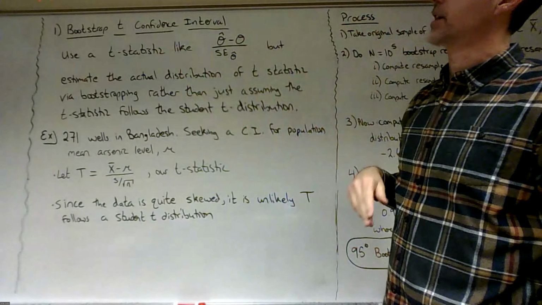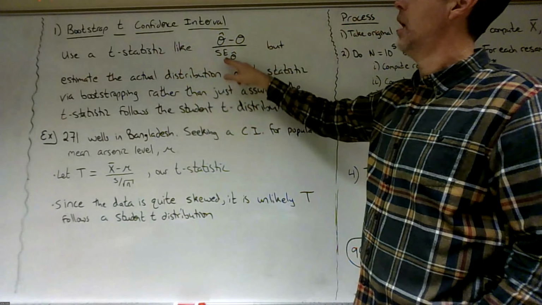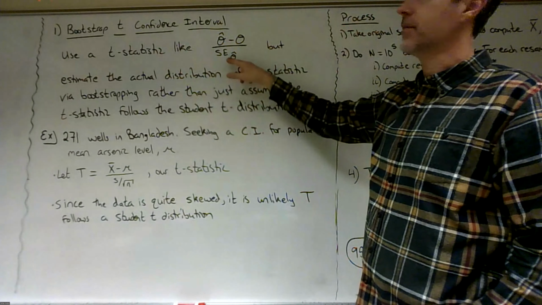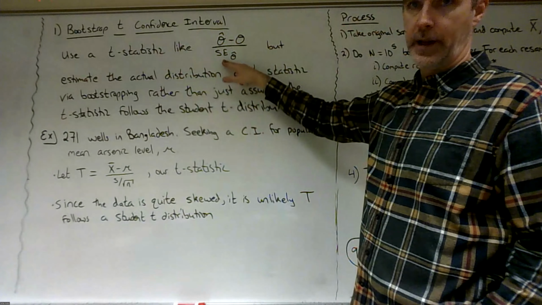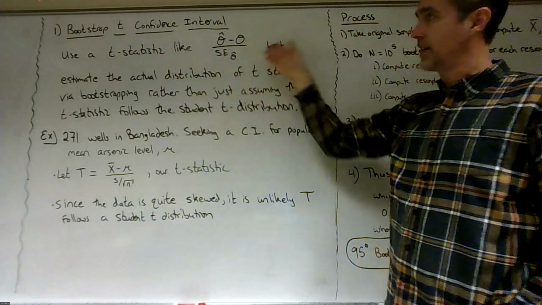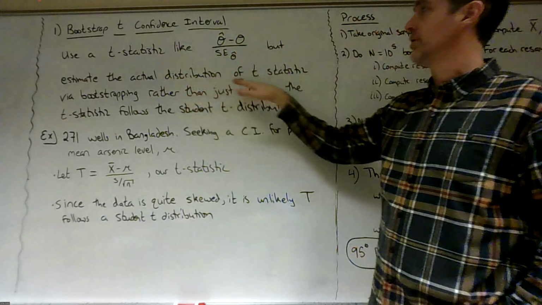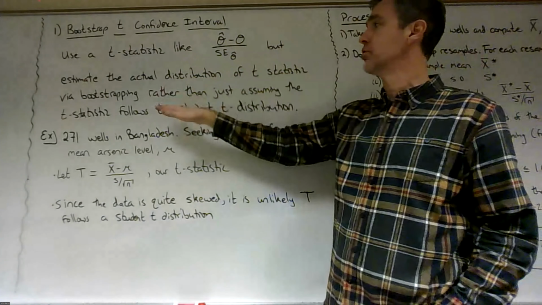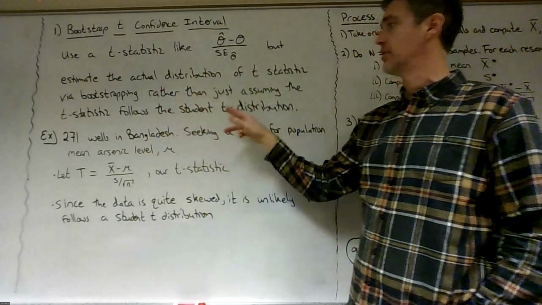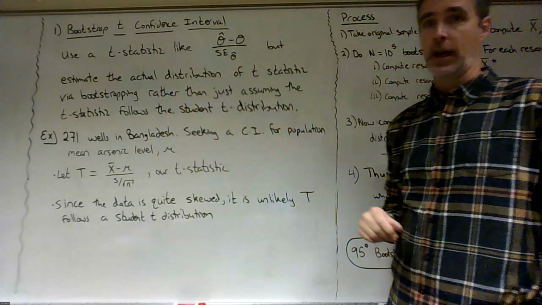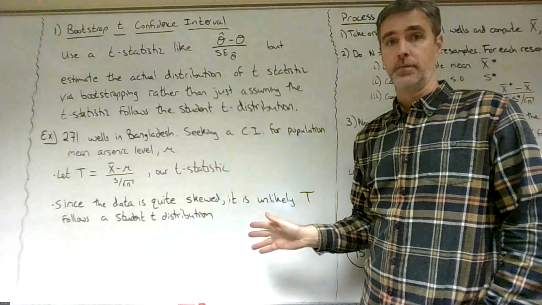So in section 7.1, this was often X bar minus mu all over the sample standard deviation divided by root N. So we're going to use that same T statistic, but we're going to estimate the actual distribution of the T statistic via bootstrapping, rather than just assuming this T statistic follows the student T distribution. And hopefully that'll become clear on the next panel through this example.